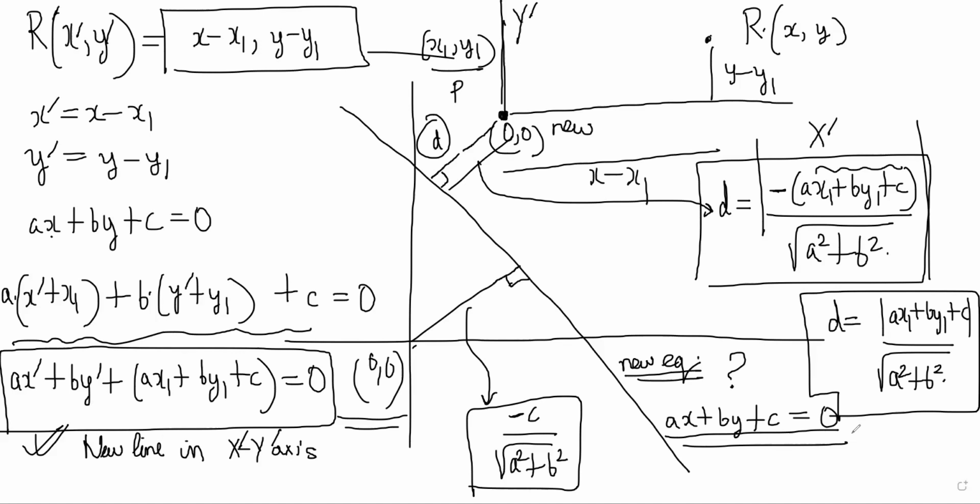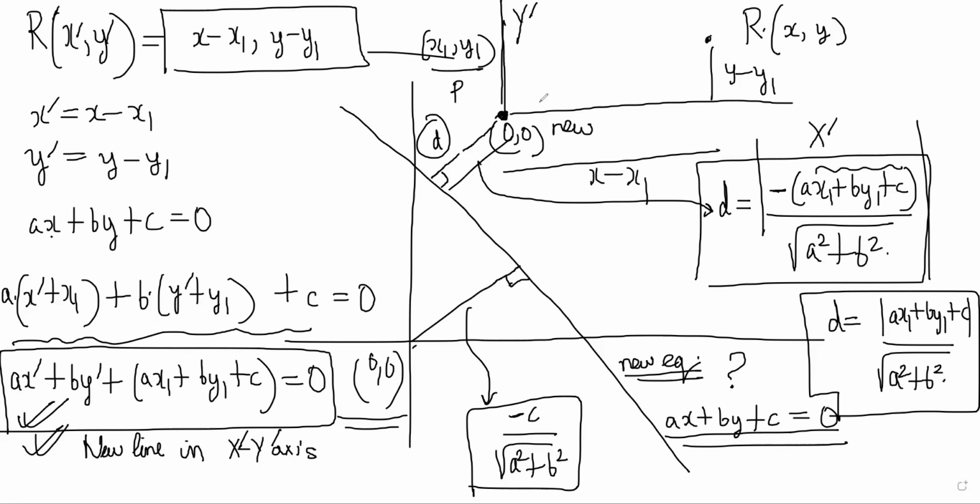So therefore, x will be equal to x dash plus x1, and you place x and y in the original equation to get a new line equation, which looks like this. And once you have the new line equation, you also have the new origin. So apply the old formula, which is minus c by root over a square plus b square. And then you get the distance from the new origin to that new line, right?